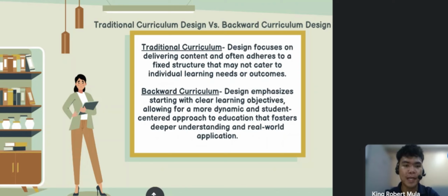This approach typically focuses on covering predetermined topics, which may not always address the individual learning needs or goals of the students. However, in contrast, the backward curriculum design begins with clearly defined learning objectives.